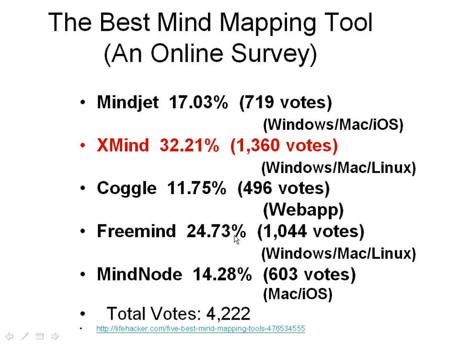So this is a list, an online survey, an online poll, and in this survey, actually it asks people, the internet users, to rank and vote for these mind tools, and it's obvious that we can see that Xmind ranked top 1 because it received the most votes.